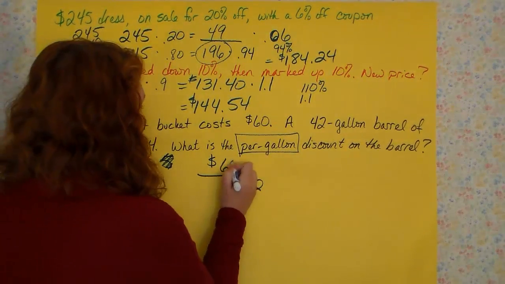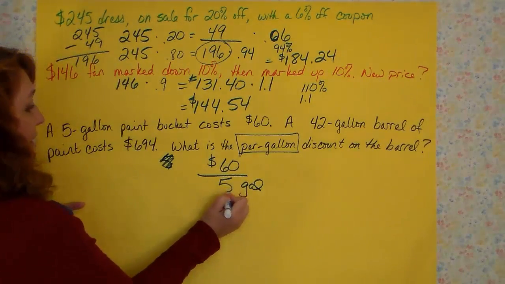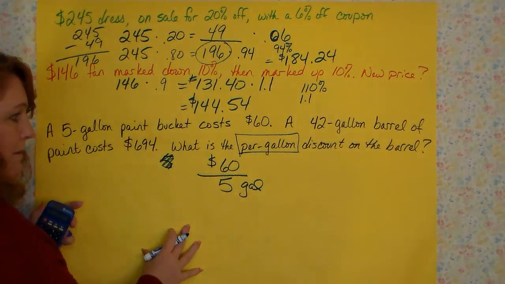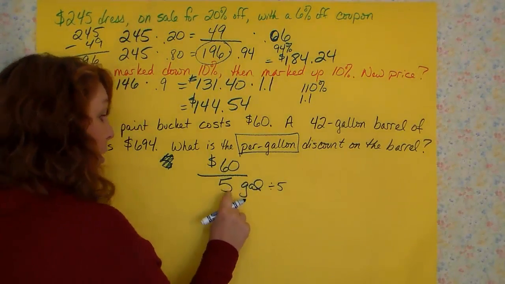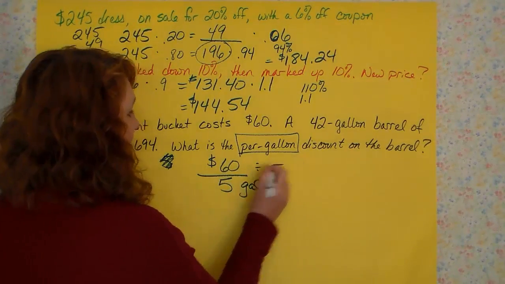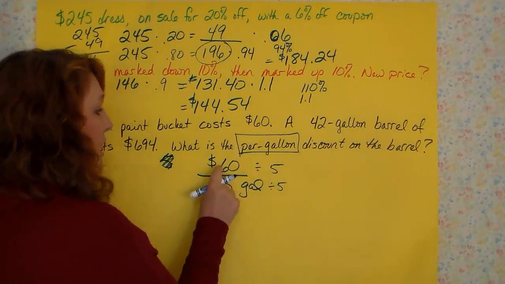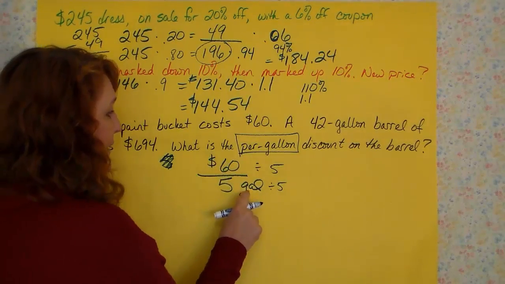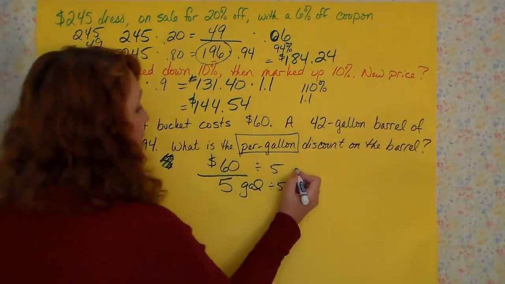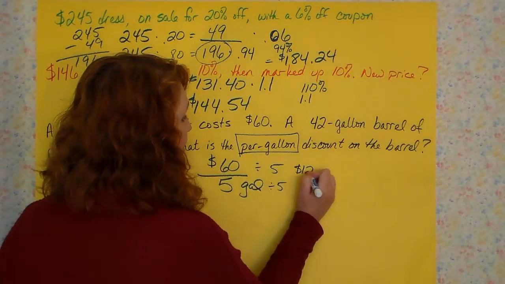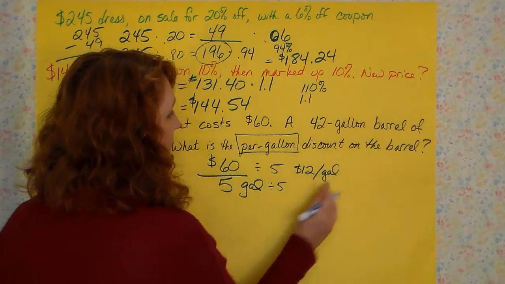And my price is $60 for a 5-gallon bucket. So what's the price per gallon? Well, I'm going to divide by 5 because I want it per 1 gallon. Divide by 5. And it's always cost on top. Always cost on top. You want price per gallon. So this in a bucket costs $12 a gallon.